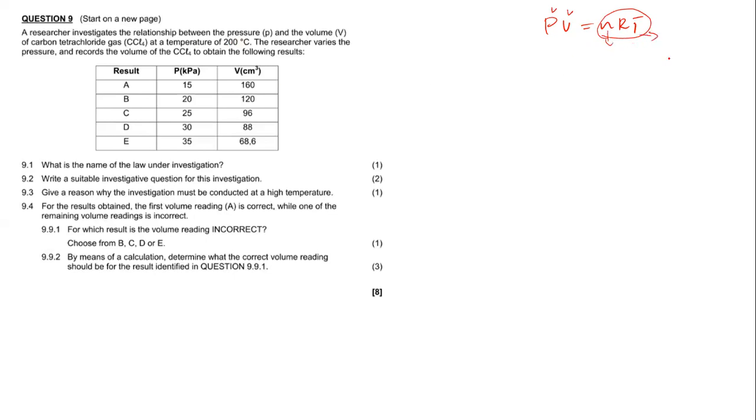That means the temperature they are going to use, 200 degrees Celsius, is kept constant throughout experiments A, B, C, D. But what else will be kept constant? The number of moles. But how are they going to keep the number of moles constant? You see, they are using gas. So to keep the number of moles constant, they have to use an enclosed container so that the molecules do not escape and lose mass.